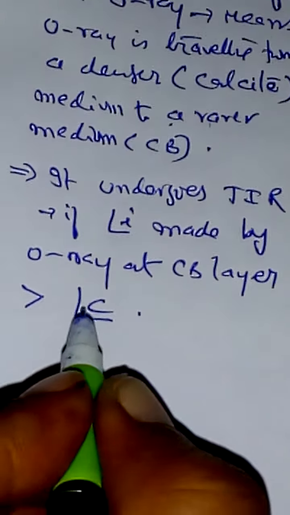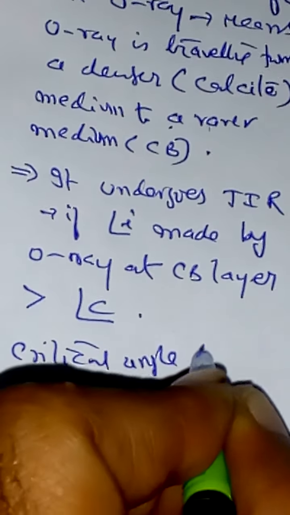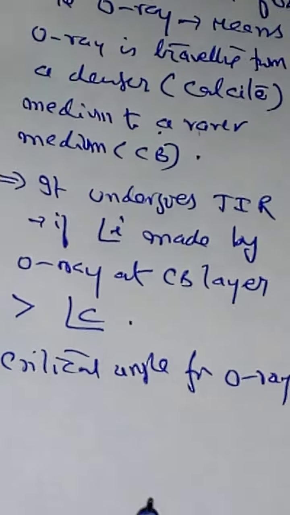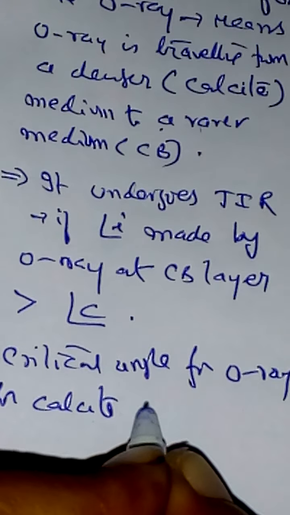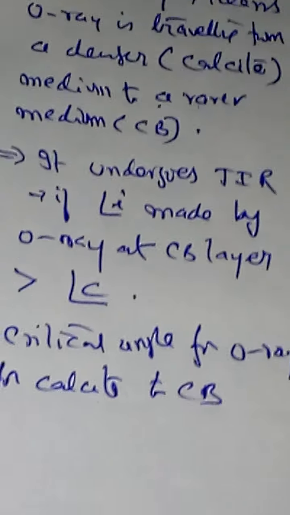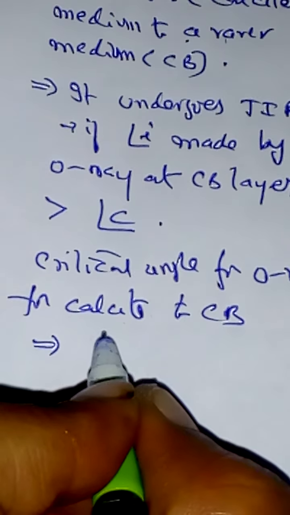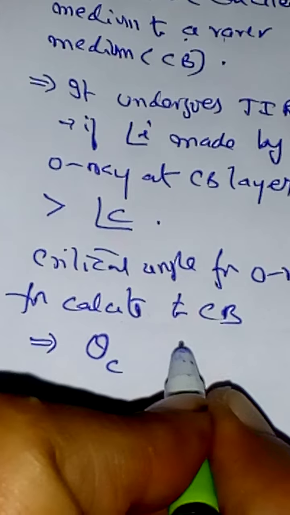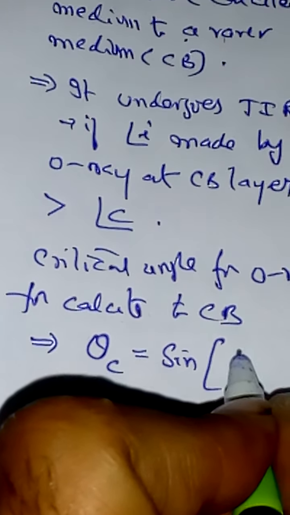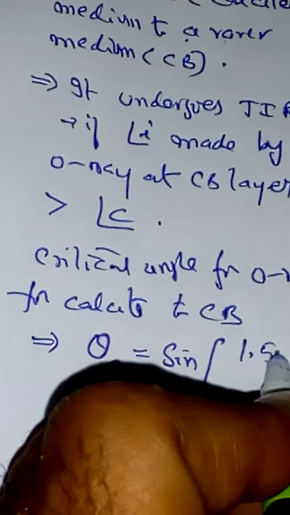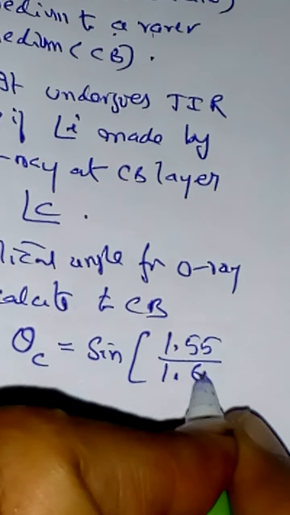So the critical angle for the ordinary ray, especially for calcite to Canada balsam, is given by: critical angle theta c is equal to sine inverse of 1.55 divided by 1.658.